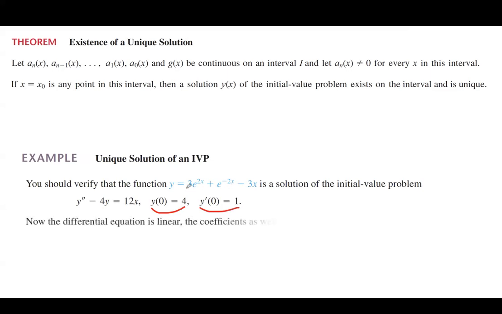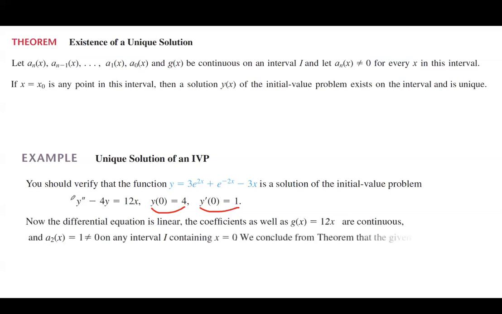You can take the first derivative and second derivative of this function, plug it into the left-hand side, and after simplifying, it becomes 12x. Since all of these are continuous, especially 12x, which is just a linear function, it is continuous everywhere. And the leading coefficient is non-zero.